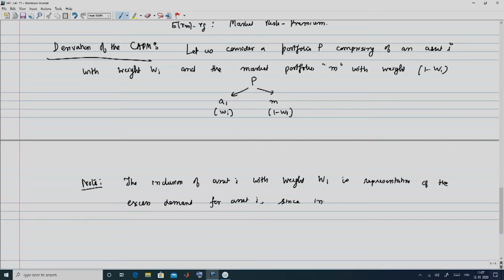That is because in market equilibrium, the market portfolio is already inclusive of the asset i.